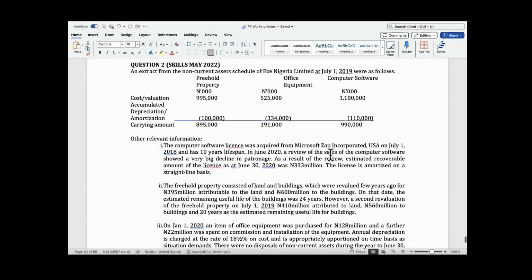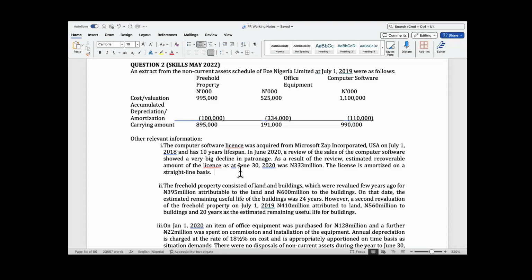A review of the sales of the computer software showed a very big decline in patronage as a result of the review. Estimated recoverable amount of the license as at June 30th, 2020 is 333 million. The license is amortized on a straight line basis. So ordinarily, I should not even do any workings here, but I'm going to teach you IAS 36 late in our second period.